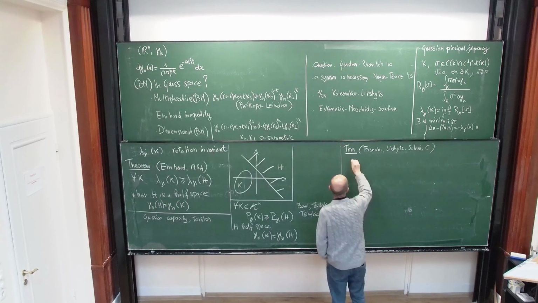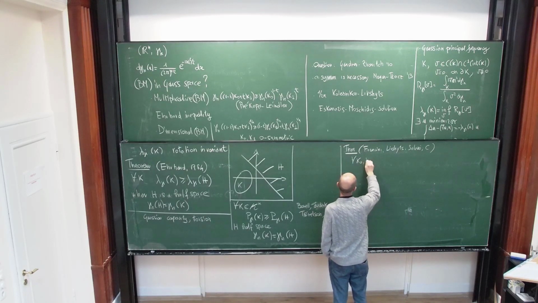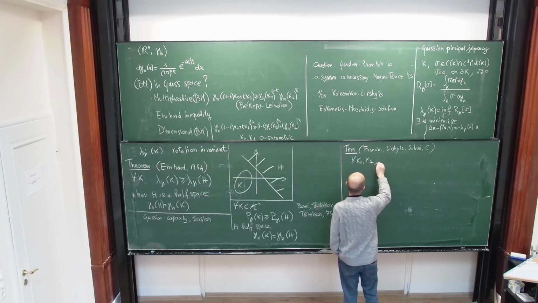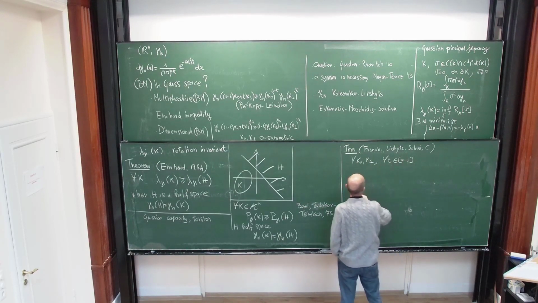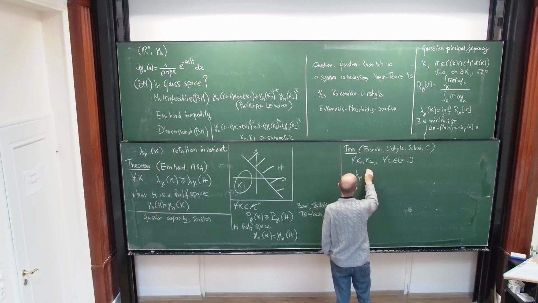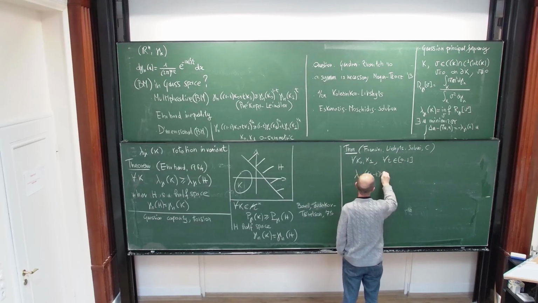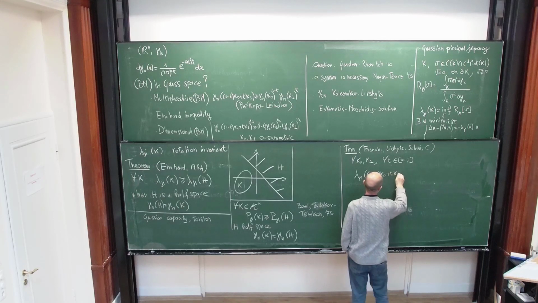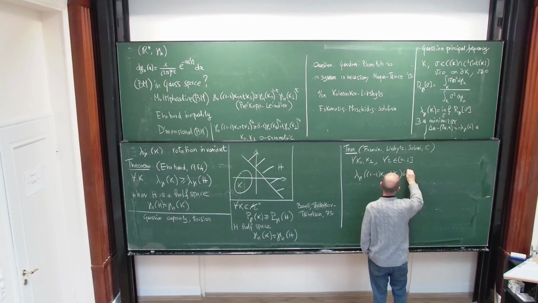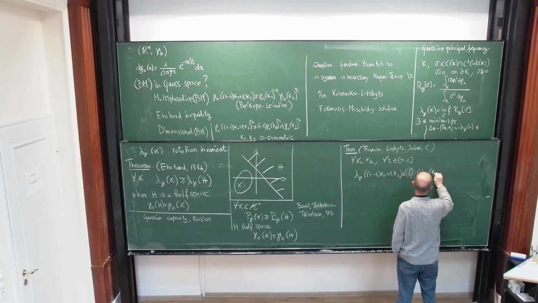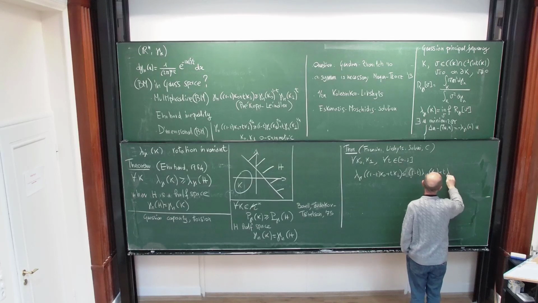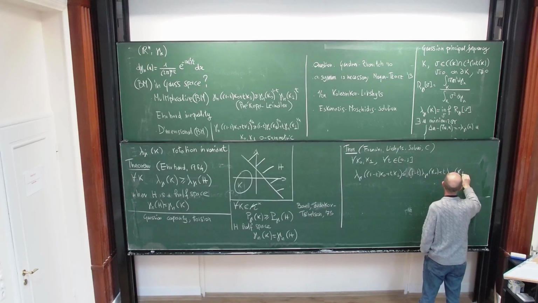It says that for every K0 and K1, and for every t in 0, 1, you have that lambda gamma of (1 minus t) K0 plus t K1 is smaller than (1 minus t) lambda gamma of K0 plus t lambda gamma of K1.